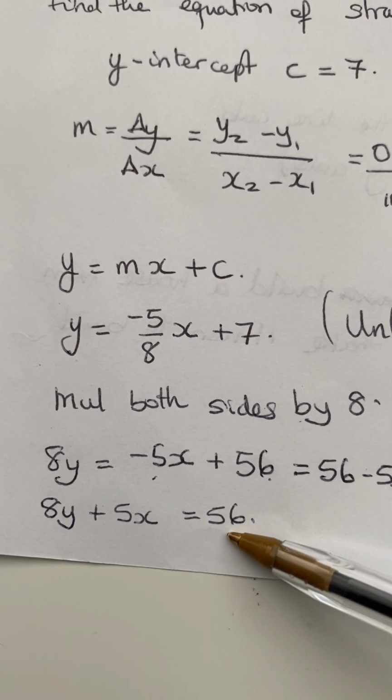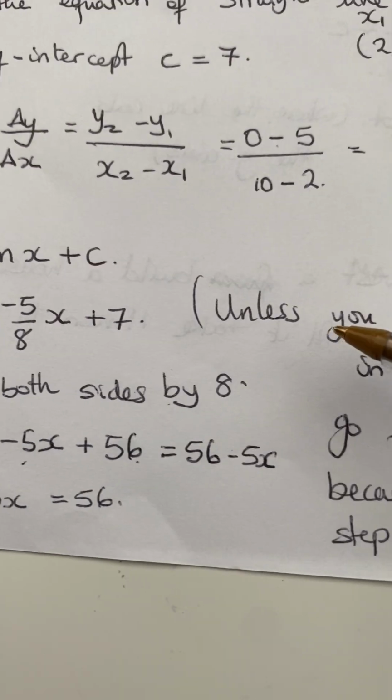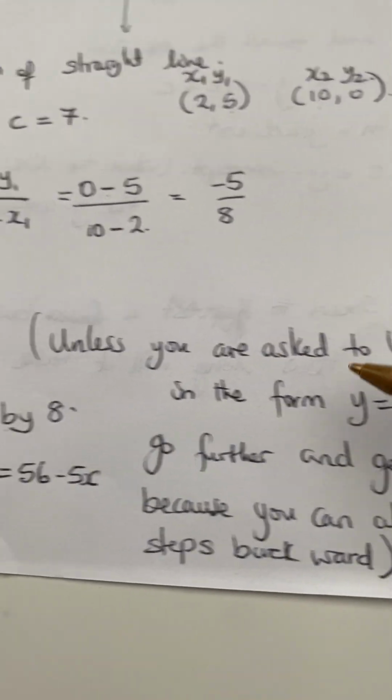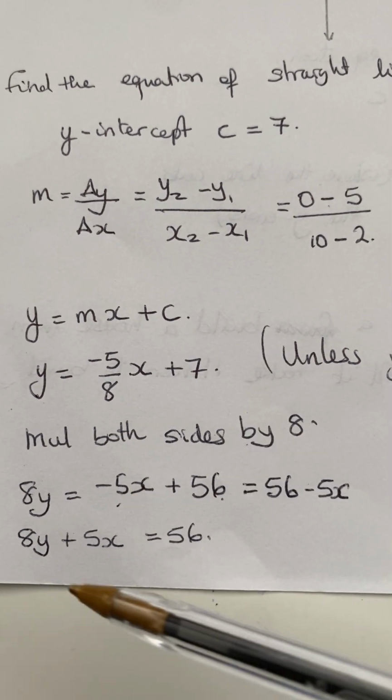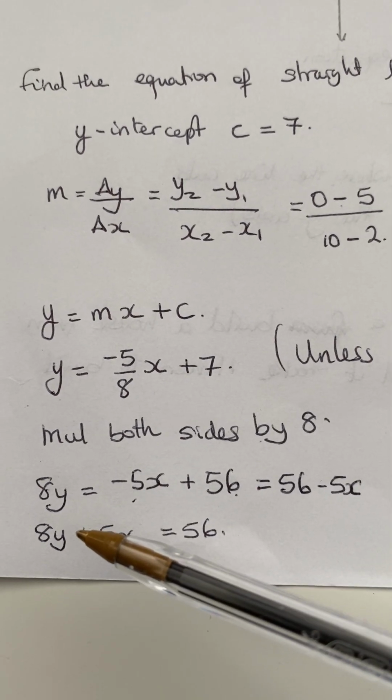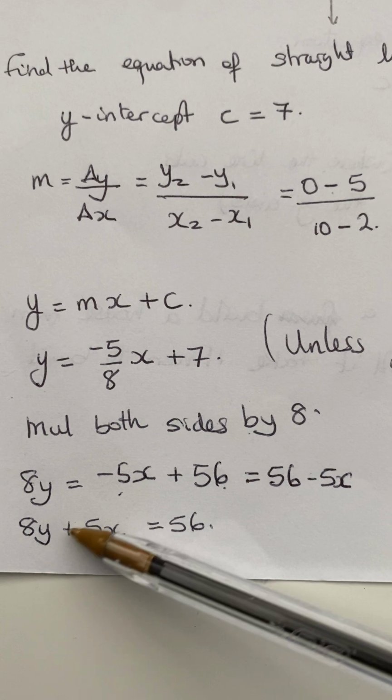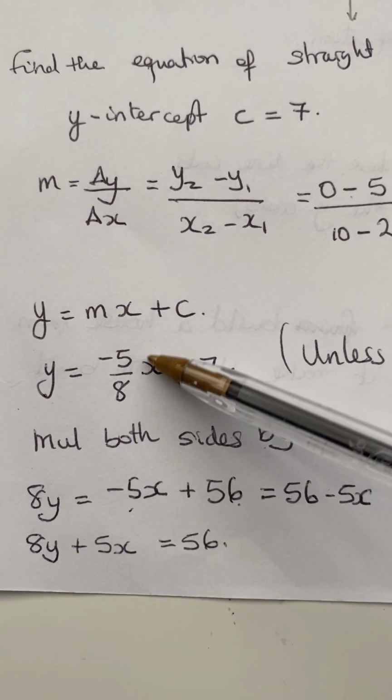So if I want to go back here, all I did here was to multiply by 8 both sides. So if I divide both sides by 8, I'll come back here.